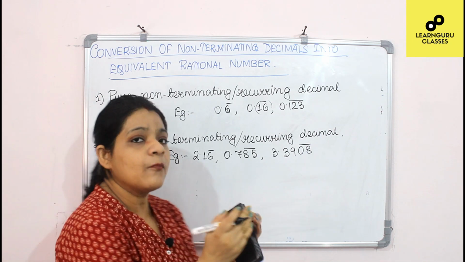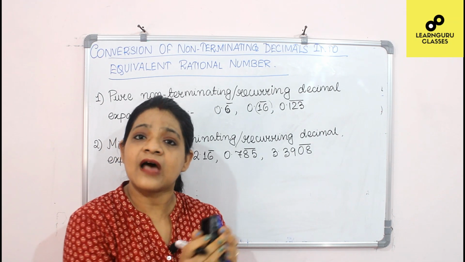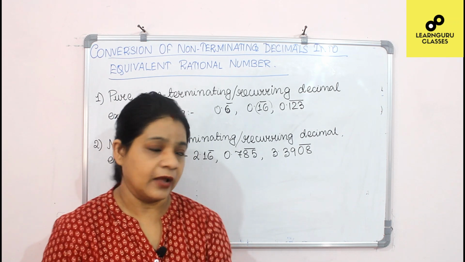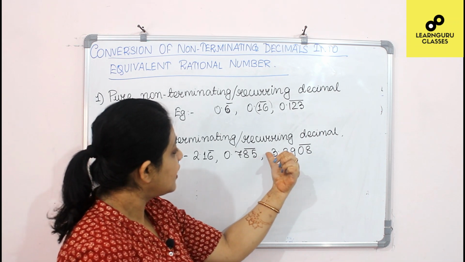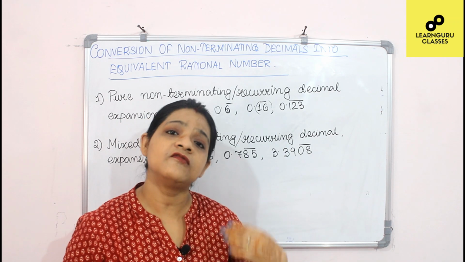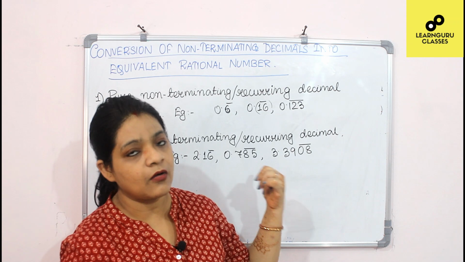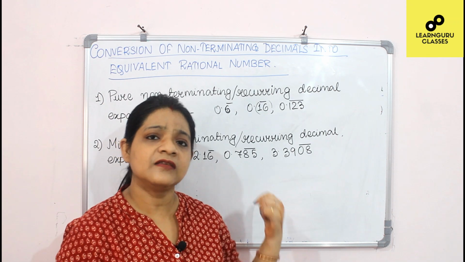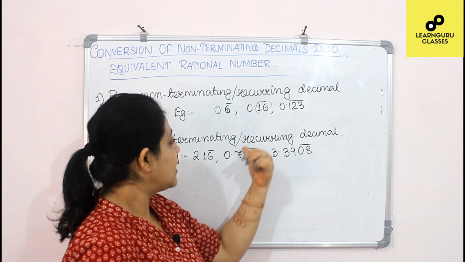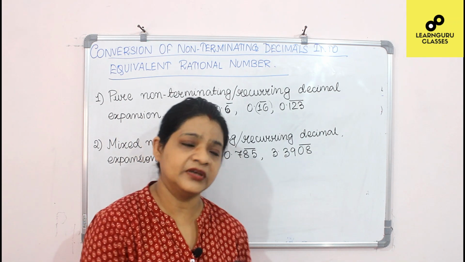So some of the digits under the bar are repeating, whereas others after the decimal point are not repeating. Like in 0.785, 85 is under the bar, means 85 is being repeated, but 7 remains as it is. 7 is mentioned only once, but 85, 85, 85, in this way the sequence is being repeated.